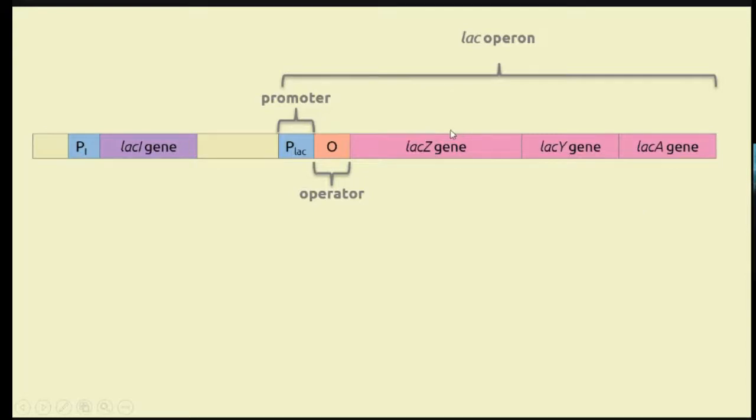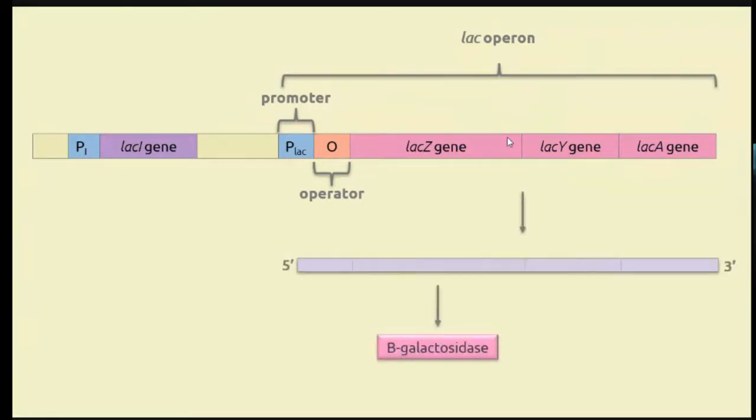Again, operon kasi itong genes na to, itong LAC-Z gene, LAC-Y gene, and LAC-A gene, they are related. How? They are related in lactose catabolism. You will see later on that the LAC-Z gene produces the beta-galactosidase.